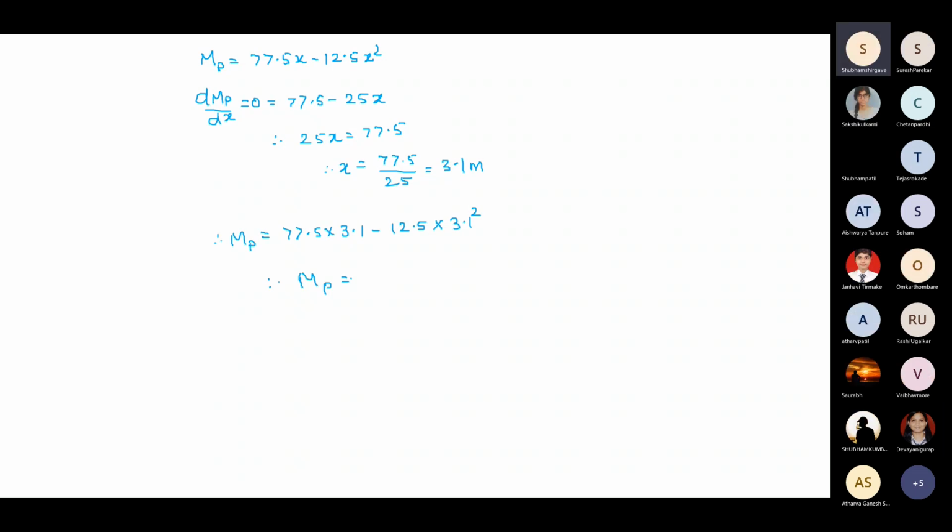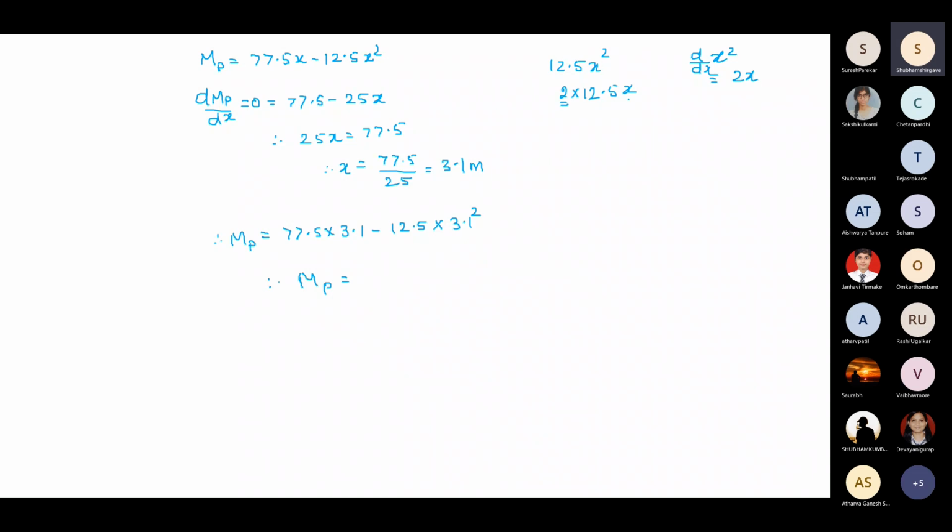Sir, there we need 12.5x, no? 12.5x, 25x is there, not 2 into 12.5x? d of x to the power 2 by dx is 2x.